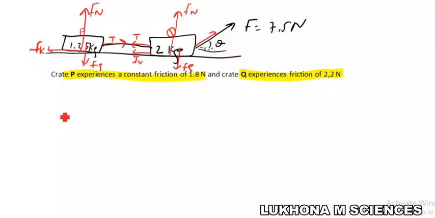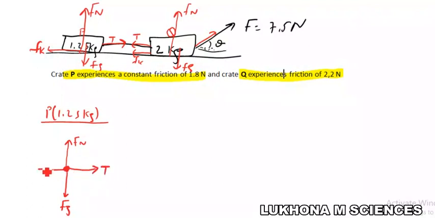Now let's draw the free body diagram for P, which is 1,25 kg. The free body diagram will be like this. We just remove the object and put a dot, so we have the normal force, then Fg, tension, and then friction.